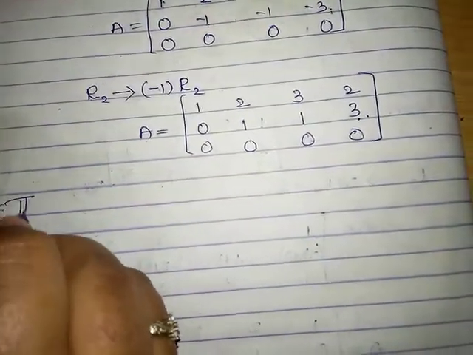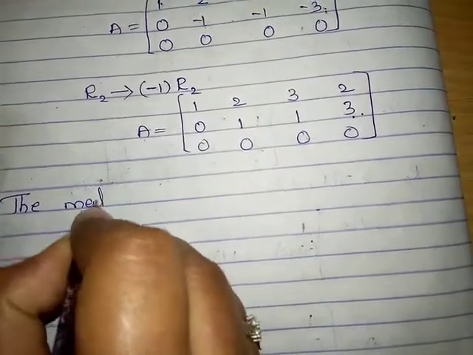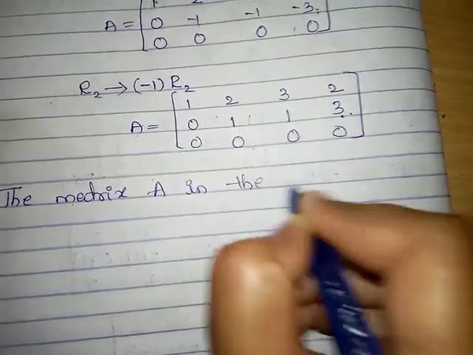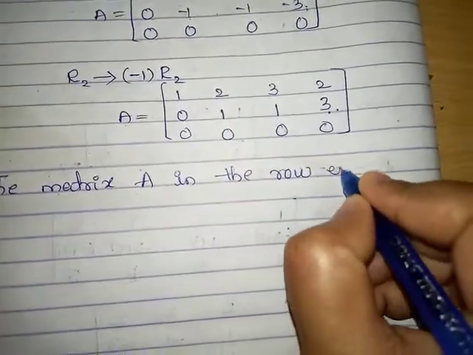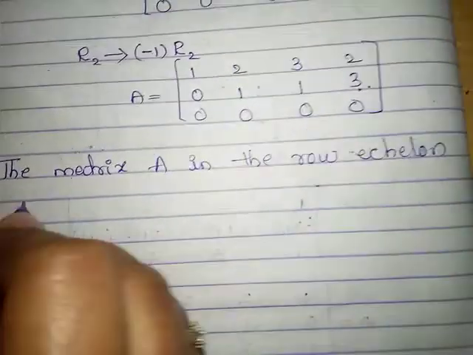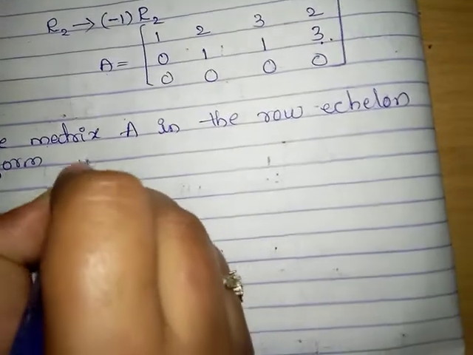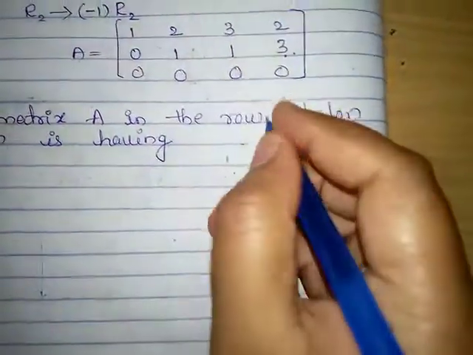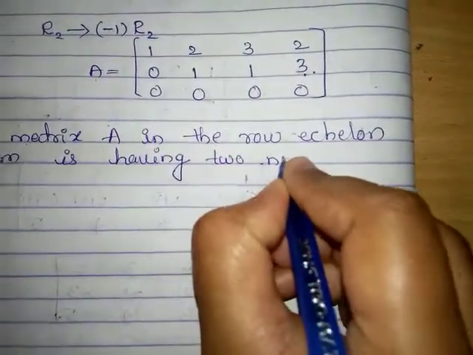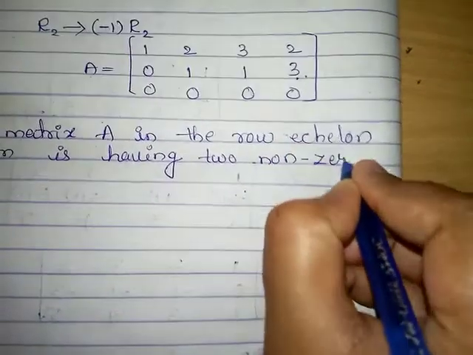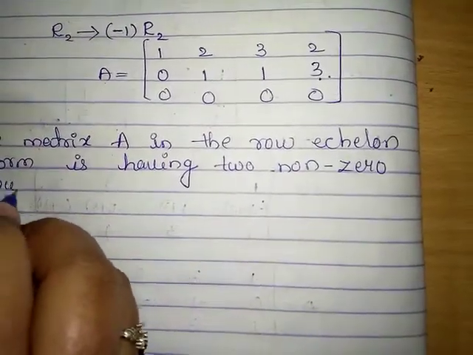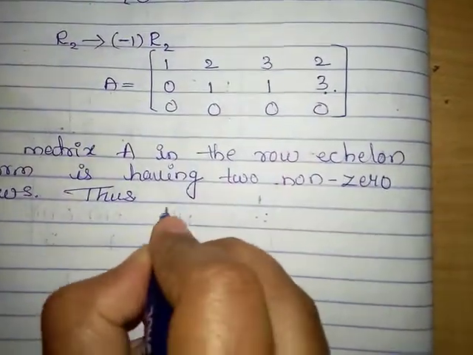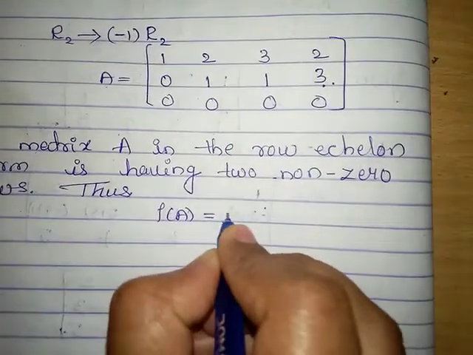Therefore, the matrix A in the row echelon form is having two non-zero rows, thus rank of A is equal to 2.